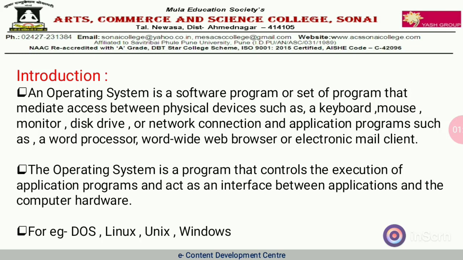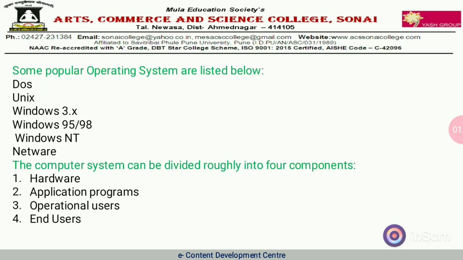There are many operating systems. Some examples of operating system are DOS operating system, Linux operating system, Unix operating system and Windows operating system. Some of the popular operating systems are DOS, Unix, Windows 3.x, Windows 95, Windows 98, Windows NT, NetWare.